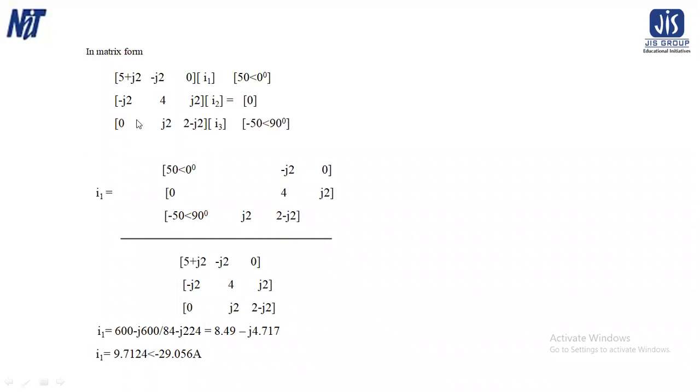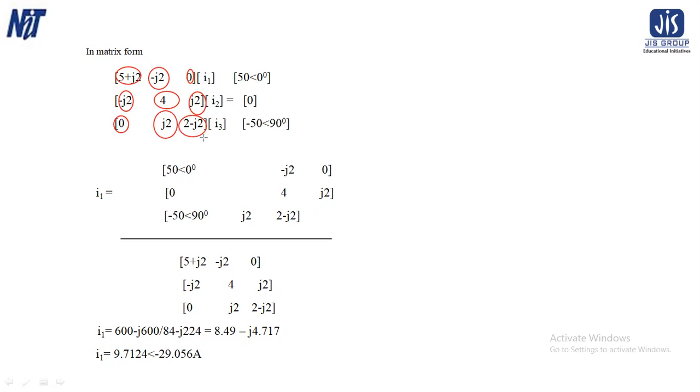Here, using this matrix, just as per the matrix, put the value of the coefficient of I1, I2, I3. First arrange the values: the first equation coefficients of I1, I2, I3, then the second equation, then the third equation.